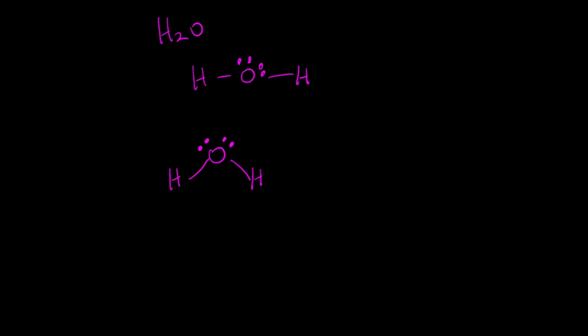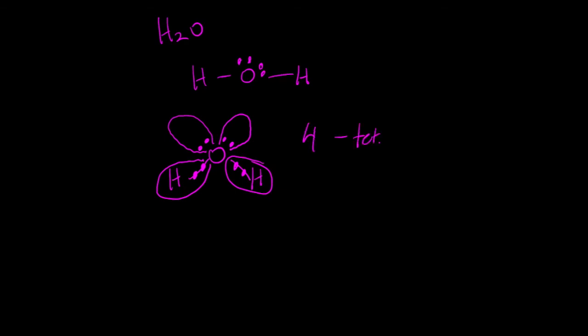Because there are 4 groups attached. There's a lone pair on this oxygen, another lone pair, a bonding pair on this oxygen, and another bonding pair. And we have 4 things attached. 4 things is called tetrahedral.